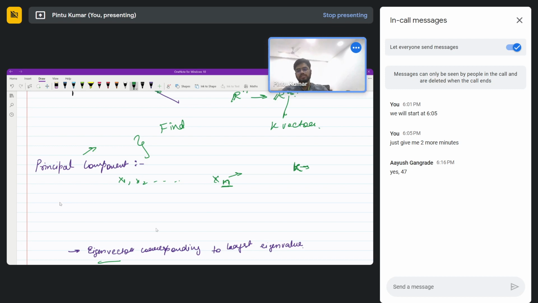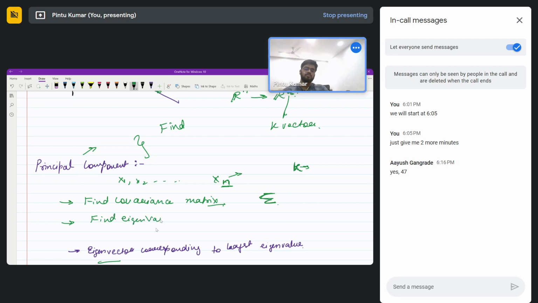First step, you will find the covariance matrix for this particular data set. Let's say you obtain the covariance matrix.